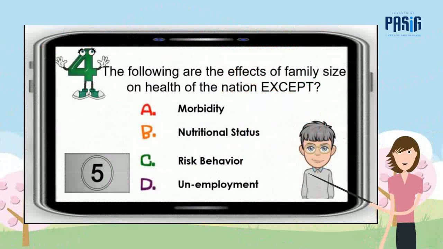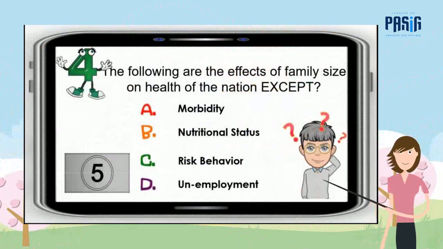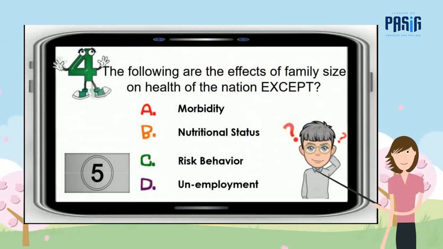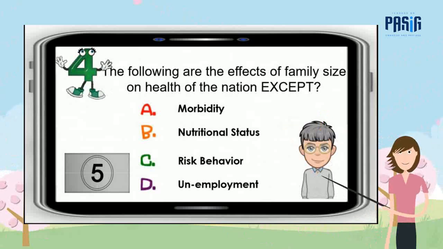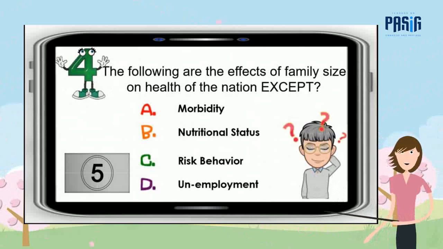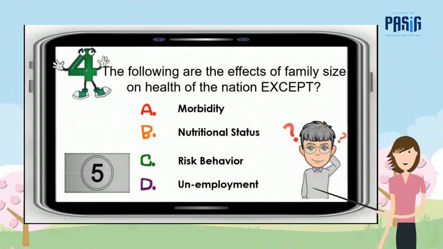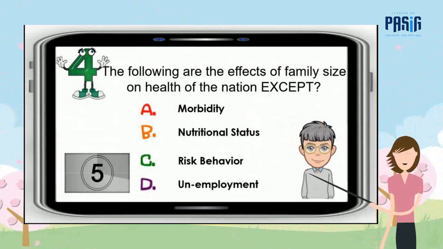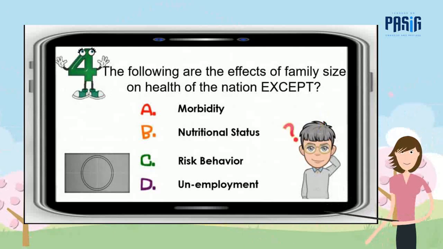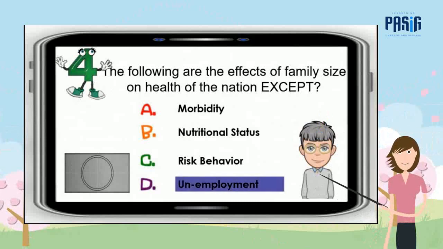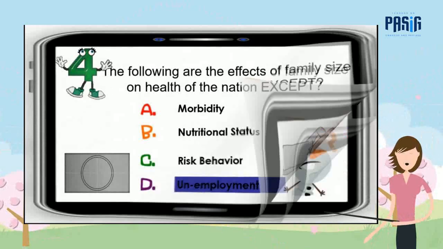For number 4, the following are the effects of family size on the health of the nation except: A, morbidity, B, nutritional status, C, risk behavior, D, unemployment. The answer is letter D, unemployment.